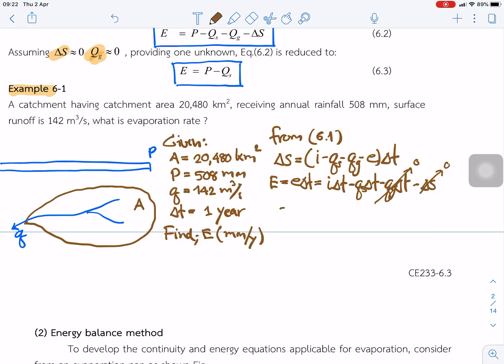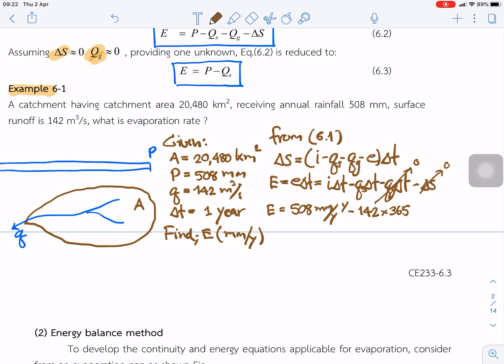Okay, so we can estimate E is equal to, from the rainfall 508 millimeter per year, and with time year we will cancel, and for the Q is 142 cubic meter per second, so we have to multiply by the number of seconds in a year.